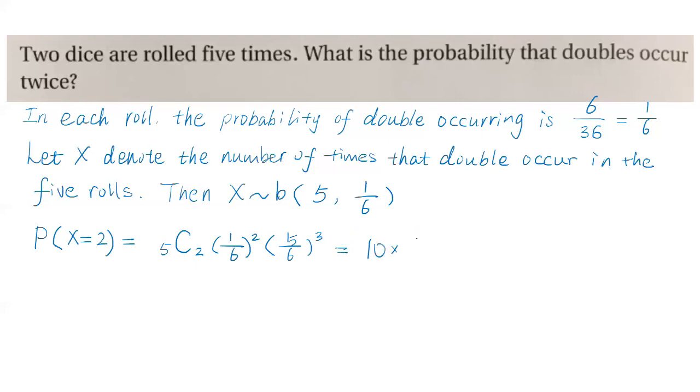So it's 10 times 1/36 times 125/216, which is 0.1608.